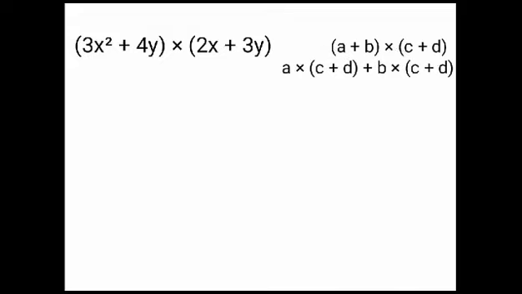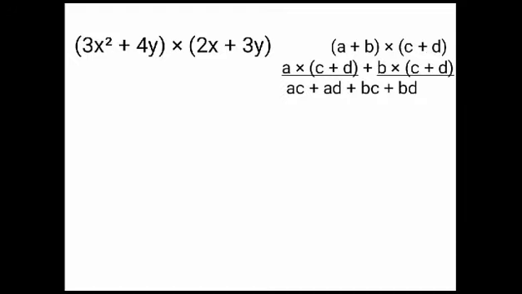a into c is how much? ac, plus a into d is ad, plus b into c is bc, plus b into d is bd. Okay, you have to solve like this.